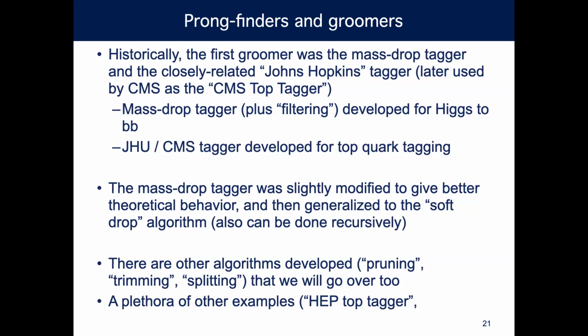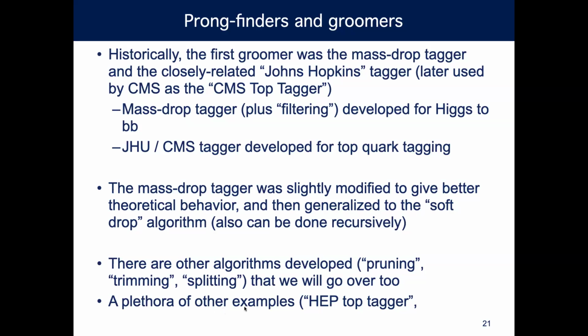The mass drop tagger plus filtering was developed for Higgs to b b-bar, and the Hopkins tagger was developed for top quark tagging. It turns out that the mass drop tagger was slightly modified to give some better theoretical behavior, and then it was generalized to the soft drop algorithm. We're going to talk about these in detail, and there are a couple of other algorithms that have been developed that we're going to look over.